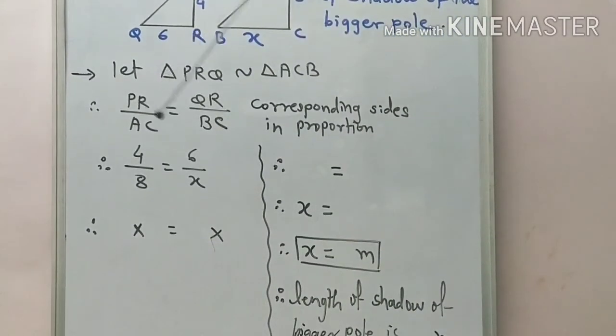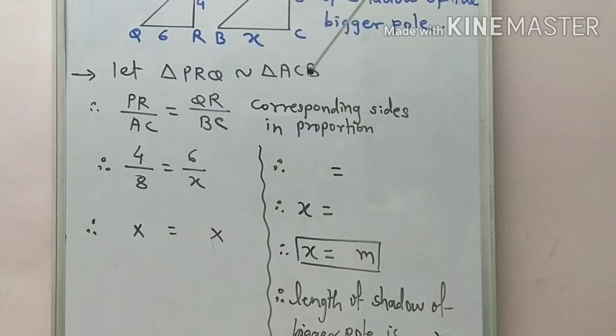Then the corresponding sides are in proportion. For PR the corresponding side is AC, for RQ the corresponding side is CB. So we write PR upon AC equal to QR upon BC.